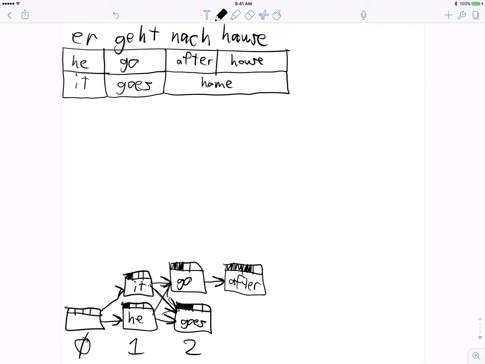Three words have been translated, therefore this goes in stack 3. Let's extend goes by translating nach as after.